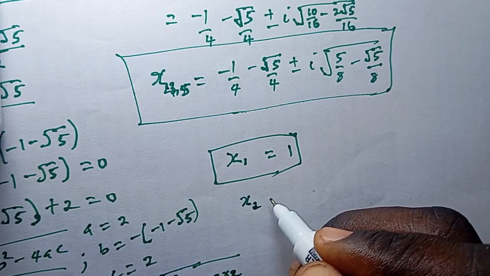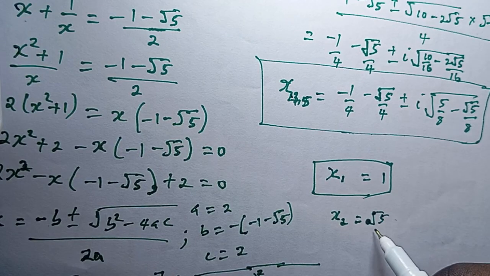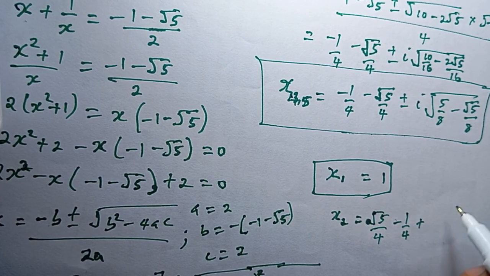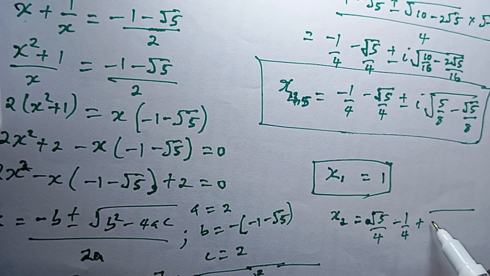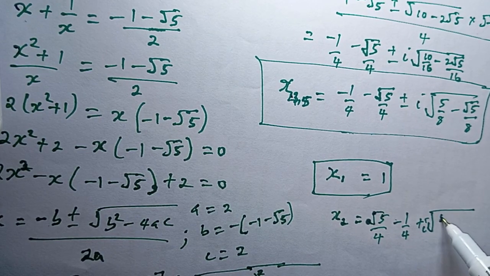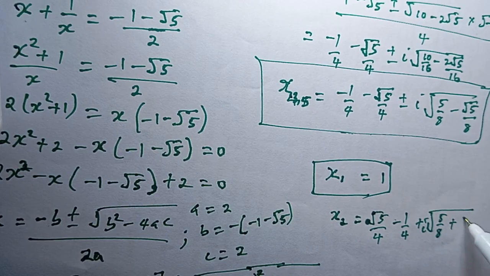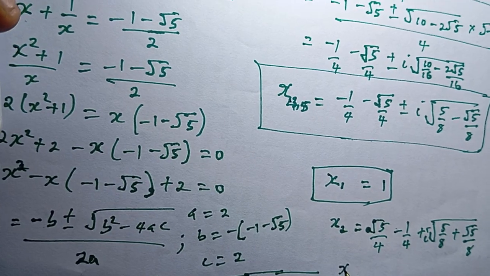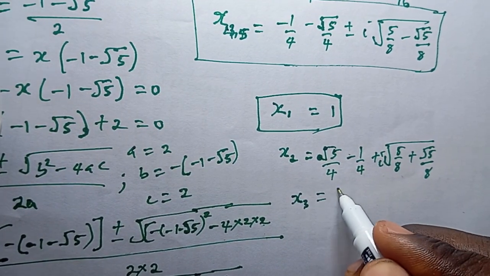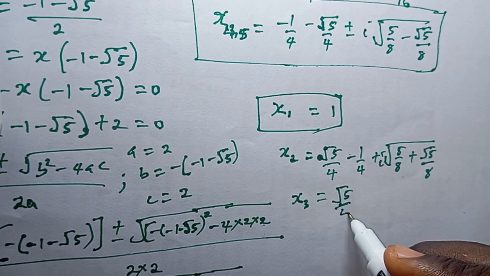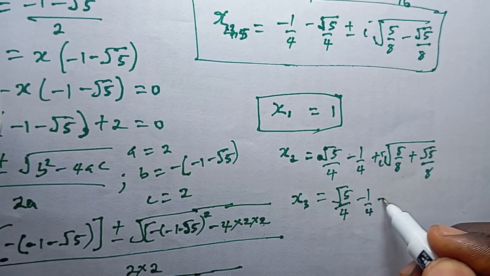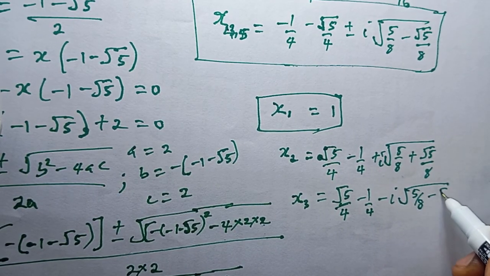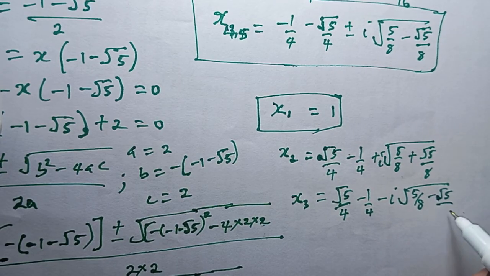And then x2 we saw to be equal to root 5 over 4 minus 1 over 4 plus i square root of (5 over 8 plus root 5 over 8), and then x3 will now be equal to root 5 over 4 minus 1 over 4 minus i root of (5 over 8 plus root 5 over 8).